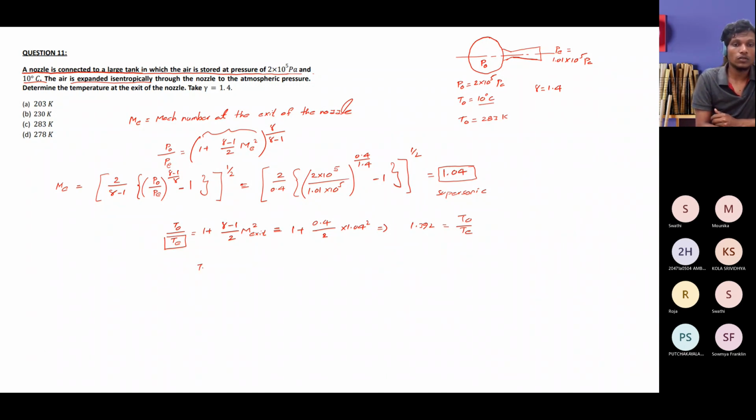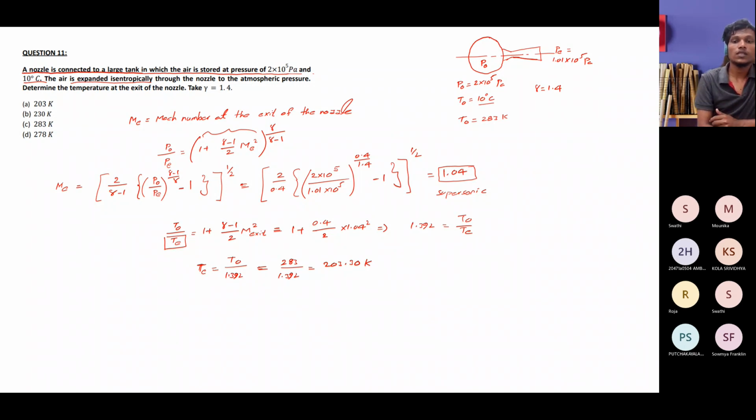So once you find the ratio of T naught by TE, you can write TE equals T naught over 1.392, that is 283 by 1.392, which equals 203.30 Kelvin. The solution is also in Kelvin, so we need not convert into Celsius.